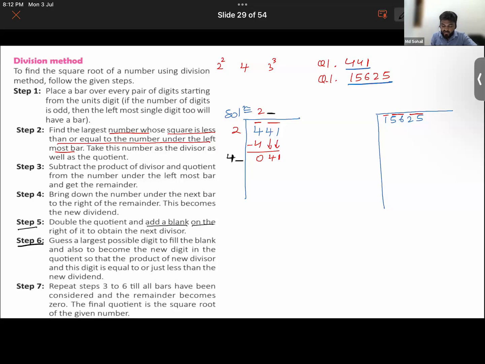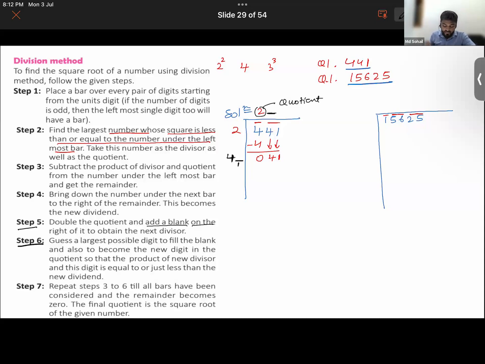Add a blank over here, not here. No need to place a blank here. Place a blank here because this is the question, no? Yes, sir. You guys need to add a blank next to the question. That will be more convenient. Yes, that is correct, Arhan.